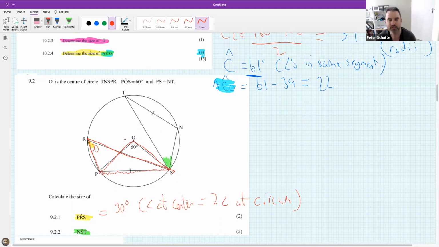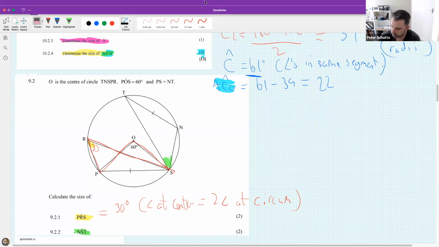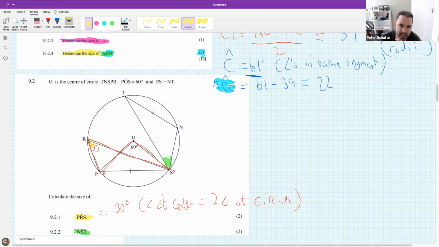And what else is given to you in the drawing is the other question. What else do we have here? So not parallel lines, but there are equal sides. Why do you think they've given you this side and this side is equal?